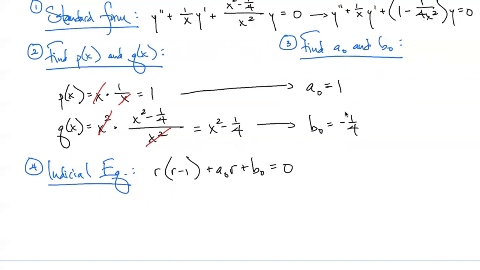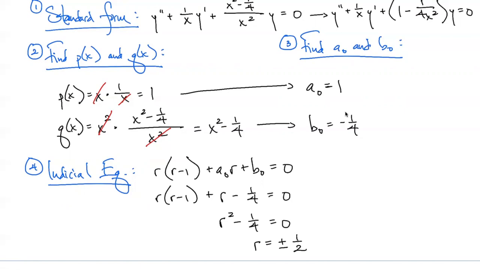But we'll get r times r minus 1 plus r minus 1/4 equals 0. We get r squared minus r plus r, so that r will go away. So I get r squared minus 1/4 equals 0. And that leaves me with r equals plus or minus 1/2.